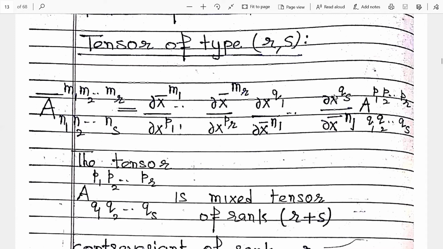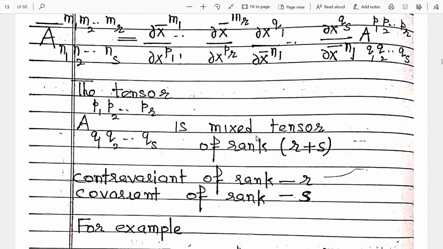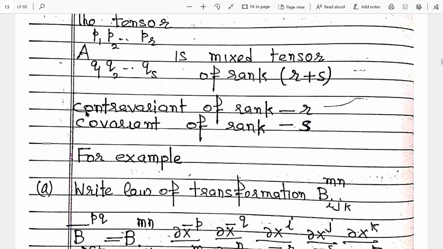Clear? So this is a tensor of type (r, s). This is called a mixed tensor. It is of rank r plus s, and it is contravariant of rank r and covariant of rank s.